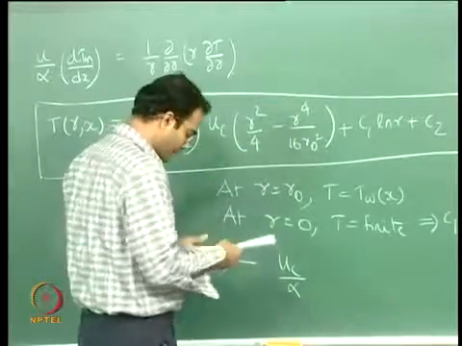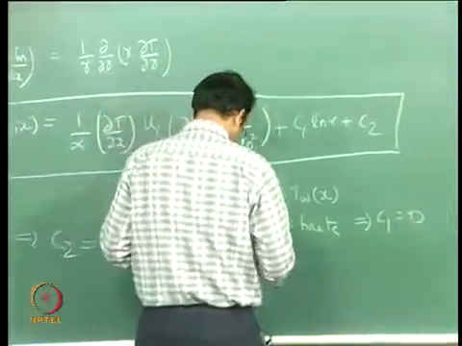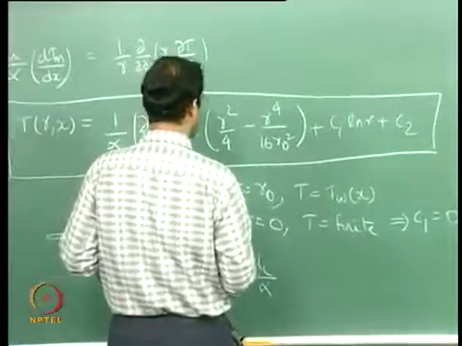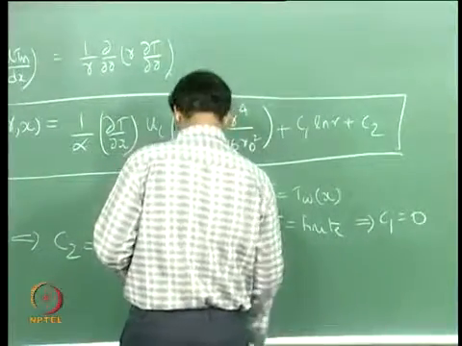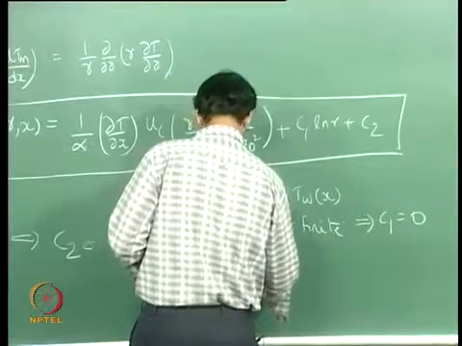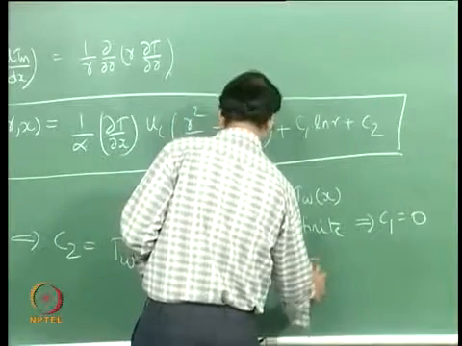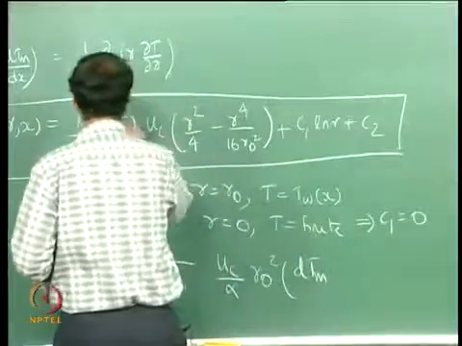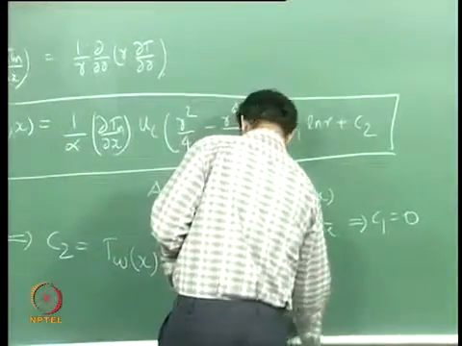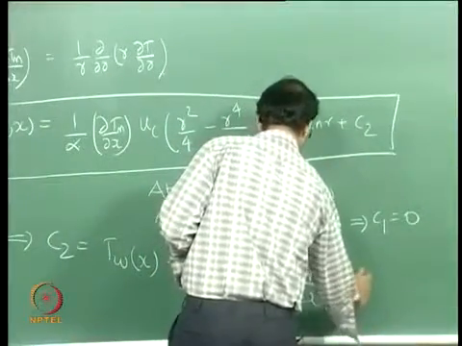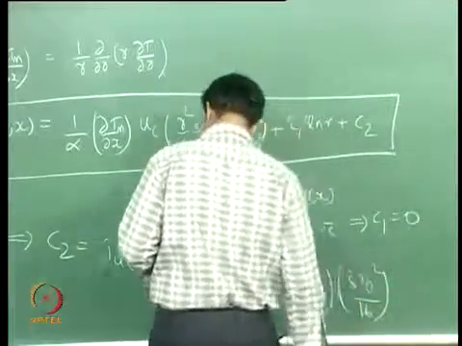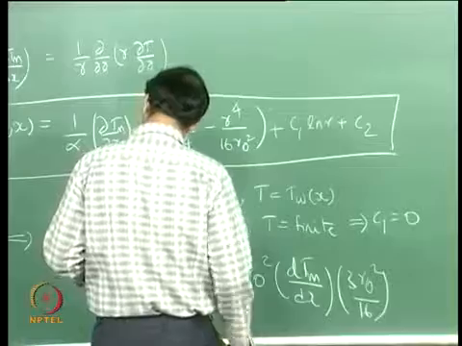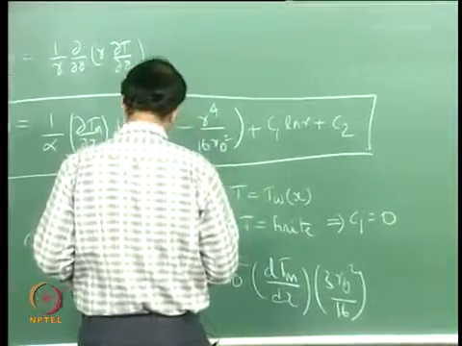Okay. So if you simplify it, it comes out as, you can take 1 r naught square into dTm by dx. Okay, I can maintain this as dTm by dx into 3 r naught square by 16. I think, can you just check if this is correct?